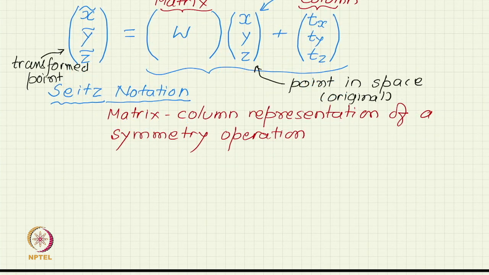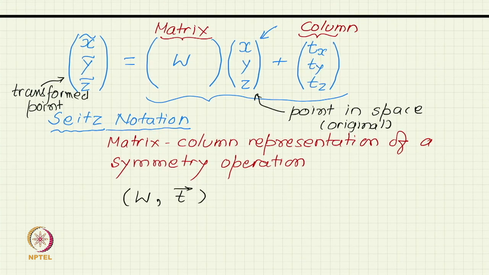So, for the Seitz notation, we just take the matrix part and the column part. So, the same thing we are writing in a shorthand notation. We are saying that this is the vector x, this is the vector x tilde.